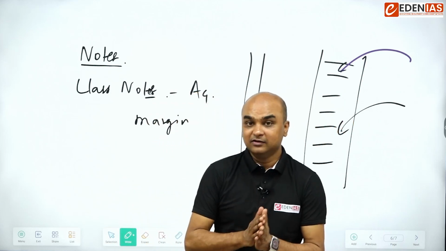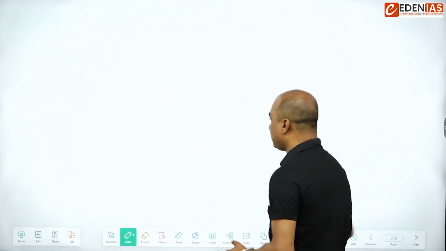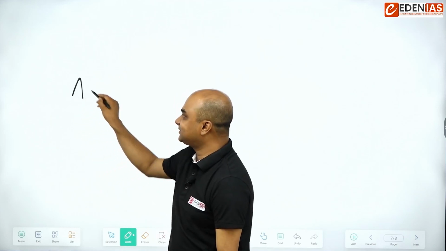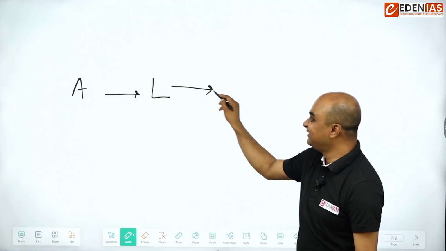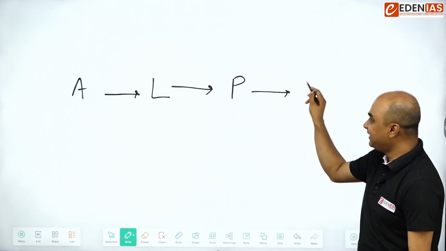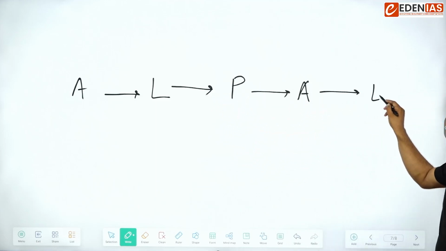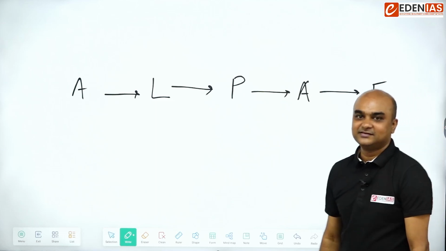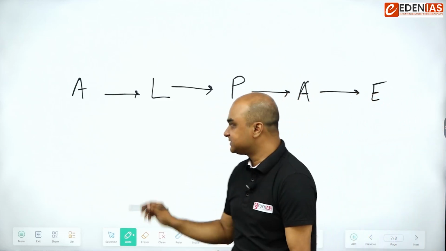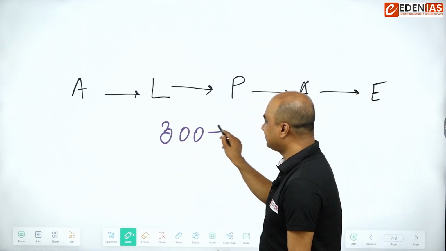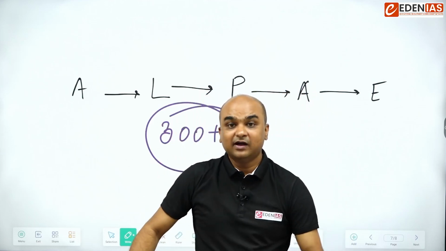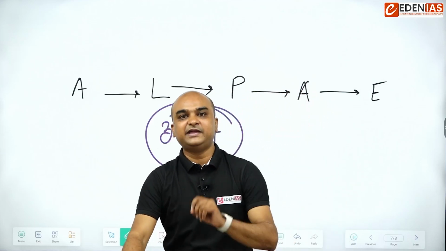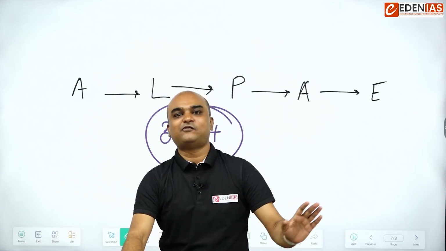Now, one who tries to plan his or her preparation in this phase, first gain awareness, then learn, then practice, then apply, and then enrich. There is no doubt that person can score 300 plus in geography optional. My dear friends, across the years, geography has been the king of optionals.